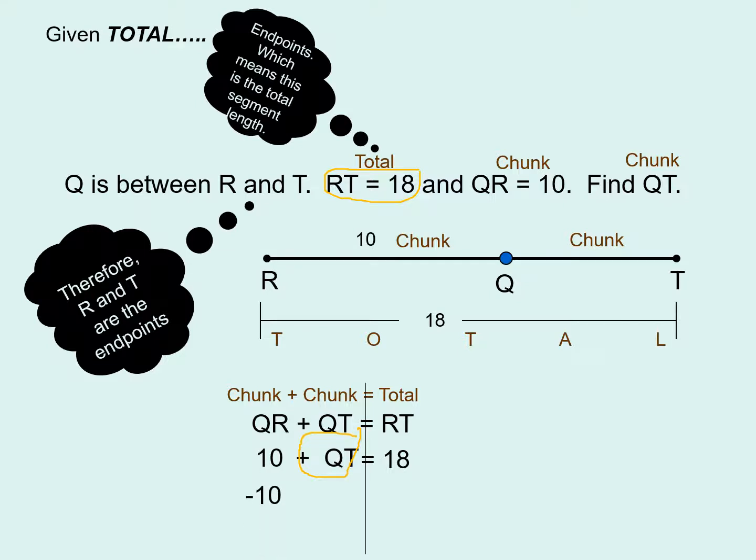To get any variable or any unknown piece of information alone, you have to do the opposite operation, and what you do to one side, you have to do to the other. 10 minus 10 is 0, so you're just left with QT on the left, and 18 minus 10 is 8 on the right side. So that's it. Pretty easy, right? Now you are going to take some notes and then maybe do some practice problems. Good luck!